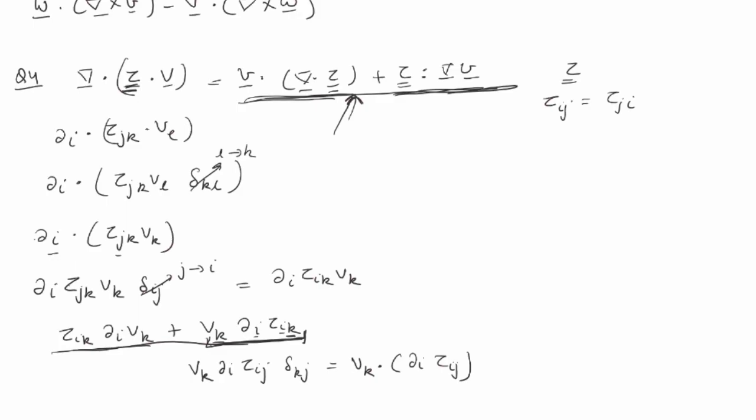So now inside the bracket, now we can also see again there is a dot product which is vk dotted with del I tau lj del IL. So this will become vk dotted with del I dotted with del tau lj. So now this term is same as this term, V dot del dot tau.